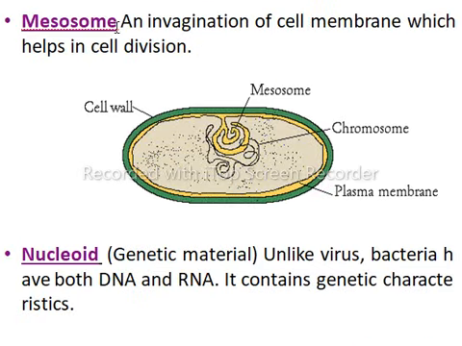Then comes mesosomes. A mesosome is an invagination of the cell membrane which helps in cell division through binary fission. Next is the nucleoid region. The DNA of bacteria is circular, not linear as is the DNA in humans. But it must be noted that humans also have circular DNA in the mitochondria.